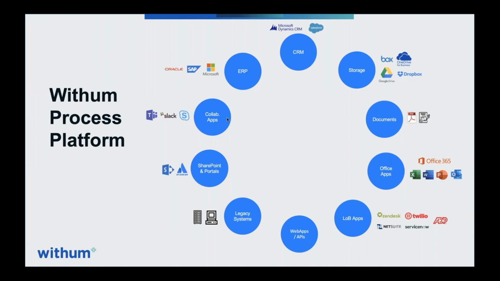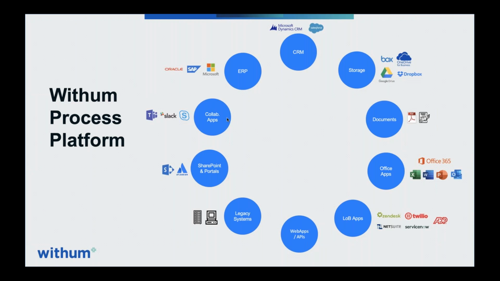Here at Witham alone, from a storage standpoint, we are certainly a Microsoft shop, so we use OneDrive for Business. But because we are split into a tax advisory and a technical arm, we have people that are using Box. So in that area, you have 2 software as a service, or SaaS, providers centered around storage.